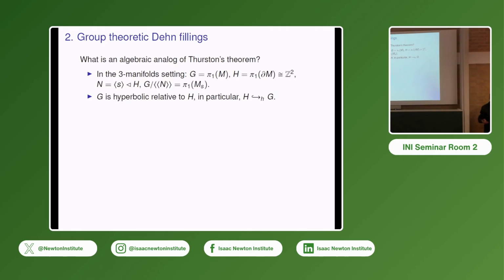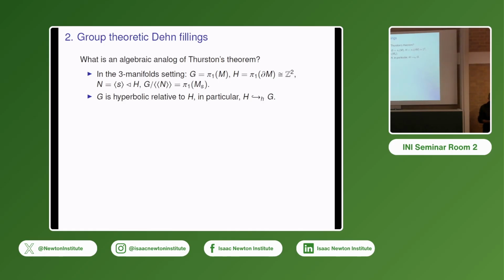So in this context, what we know is that G is hyperbolic relative to Z squared, which is H. In particular, more generally, we can say that H is hyperbolically embedded in G. I won't define what this means, but for the purposes of this talk, one can just think about this as relative hyperbolicity. I think that suffices.